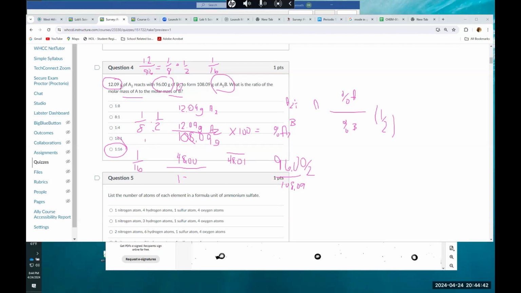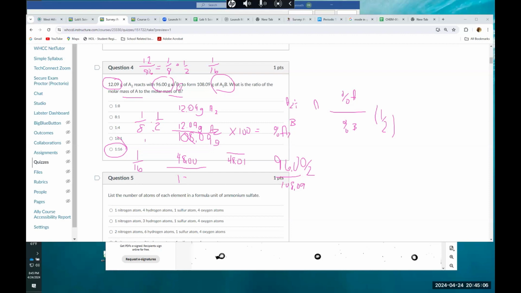It's 12.49, this amount, and we know that that's gonna be a 2. Right? So we should leave the 12 as is, okay? And then 96.00, and that is a 1-to-2 ratio.